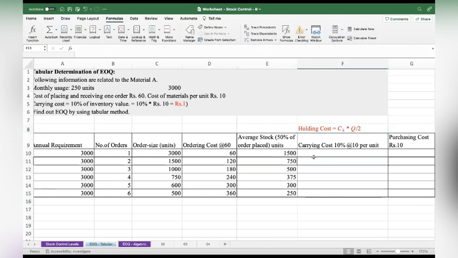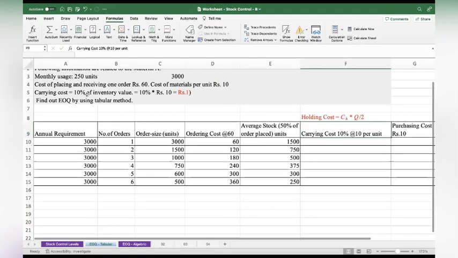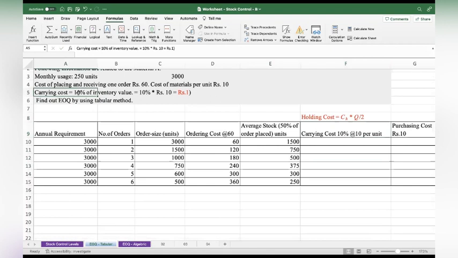Now, what is this holding cost? They say carrying cost is 10% of the inventory value, so 10% into 10 rupees, because 10% at 10 rupees per unit.